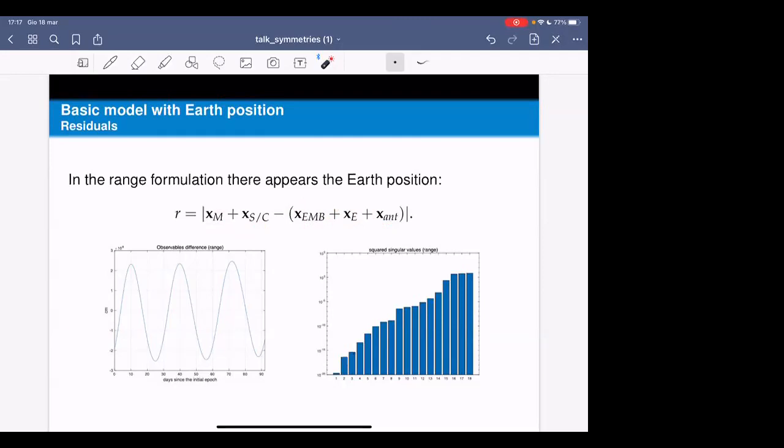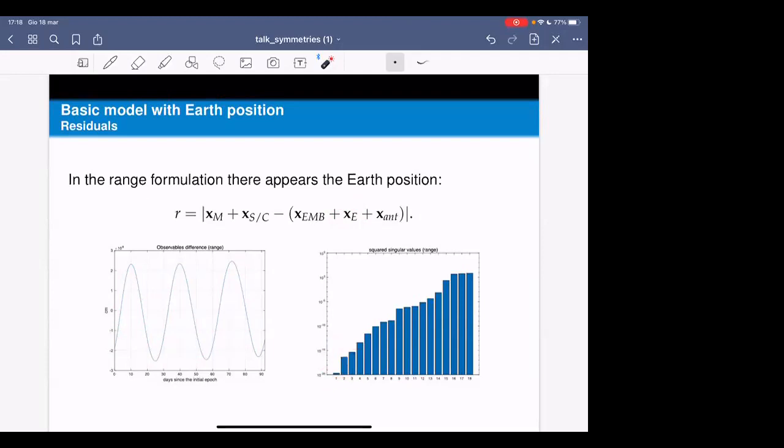And so what happens if we include this in the model? Well, actually, there is another effect here of the order of 30 days, which is exactly the period of the orbit of the moon around the Earth, actually around the Earth-Moon barycenter.